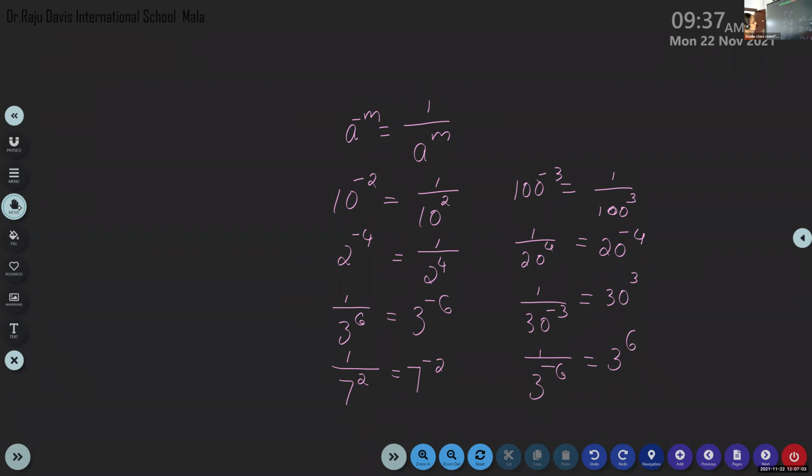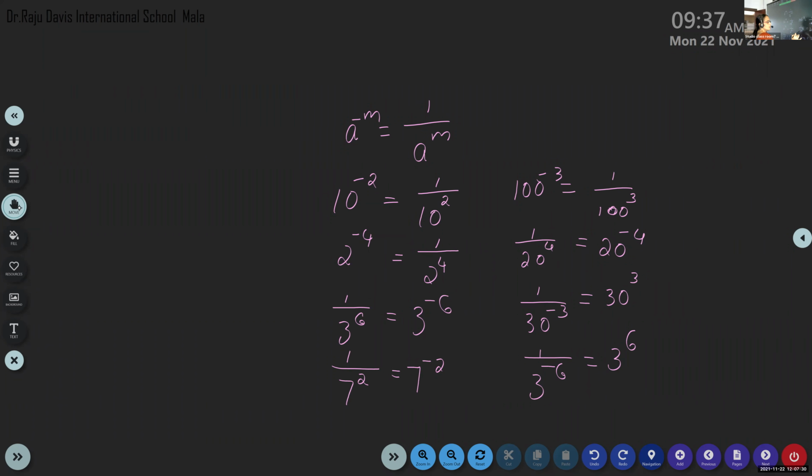Is that clear, all of you? How to convert a negative exponent to a positive exponent? A term having a negative exponent in the denominator, when it comes to the numerator, becomes positive. A positive exponent, when it comes from the denominator to the numerator, becomes negative.